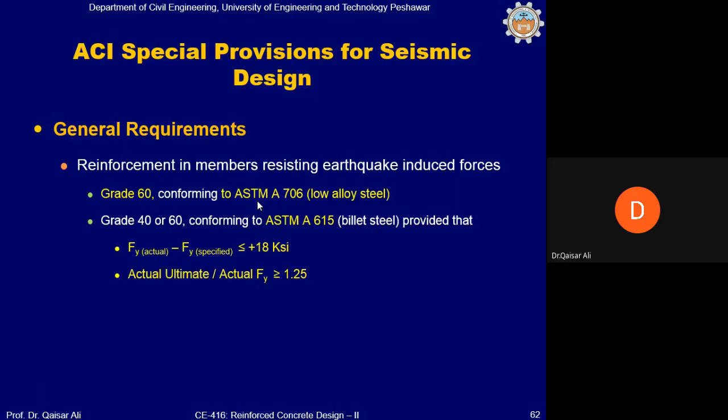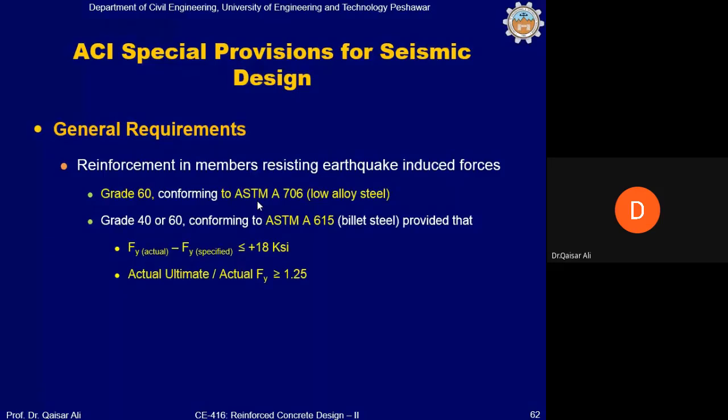However, if the actual ultimate coming from the test is 80, and your actual yield is 65, this is 1.23. 1.23 is less than 1.25, this is not good. By these two provisions, the code wants to make sure that there must be some minimum gap between the actual ultimate and actual yield, so that ductility is achieved. The ductile behavior of the steel, as you know very well now, starts exhibiting after the yield.